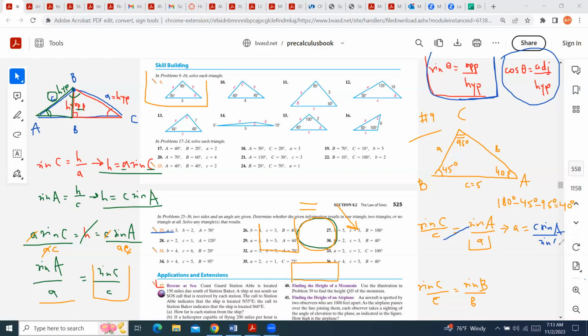See what's going on here. How come you can do this? Well, if I want to find A, then I can clear these denominators first.